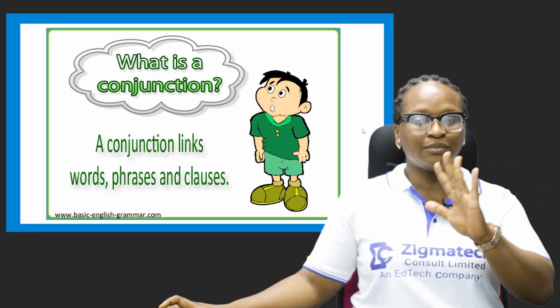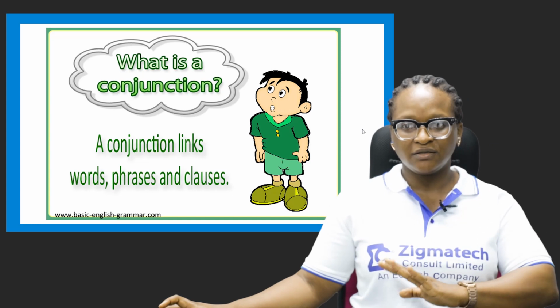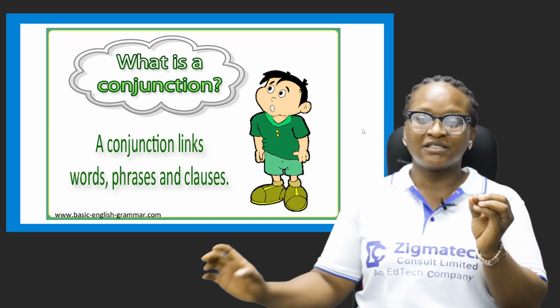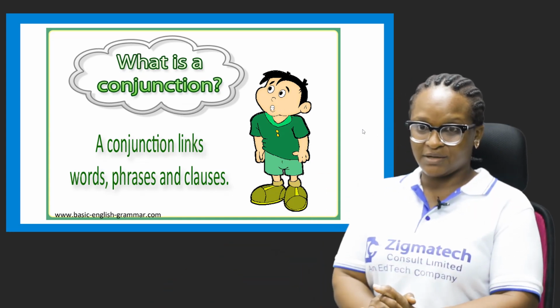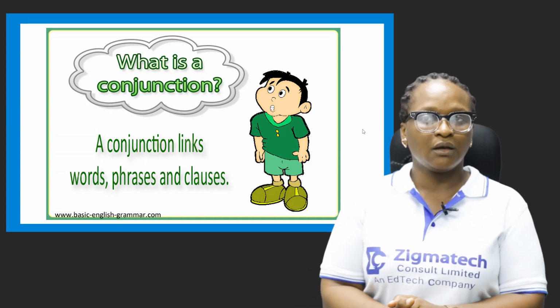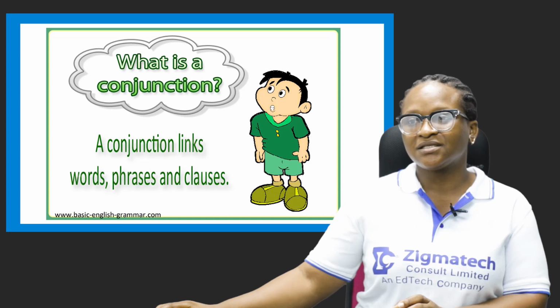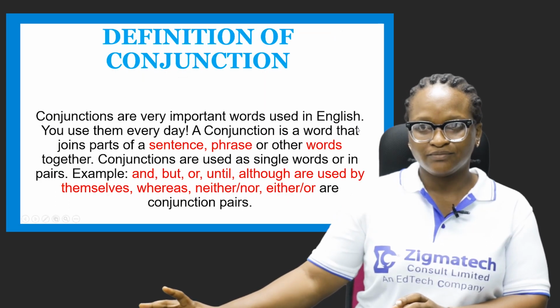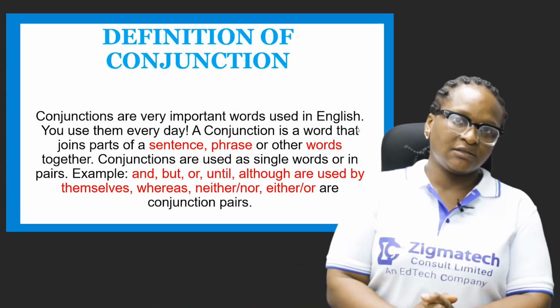He is a handsome boy and he is hardworking. So we've been able to actualize the use of conjunction to link words, to link phrases, and to link clauses. So let's get started.